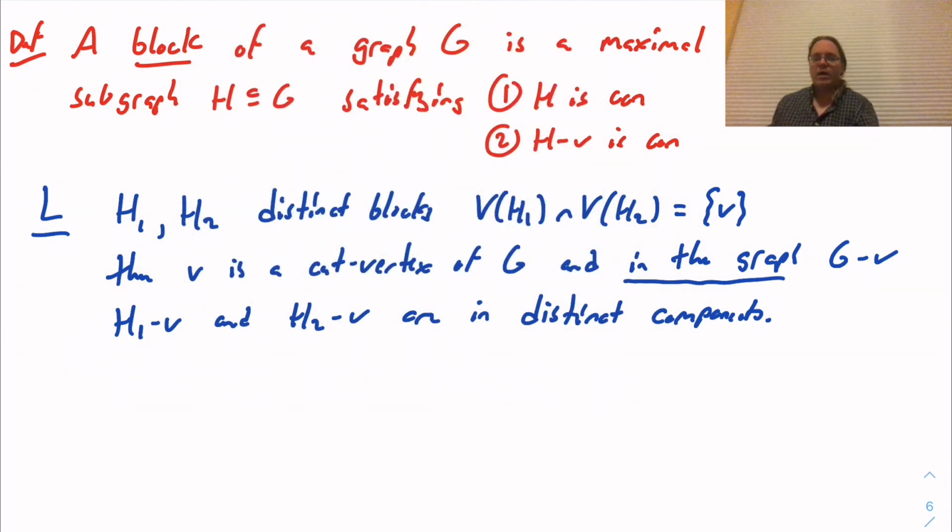Right? So again, if I give you two blocks in a graph, we've proved that they can't share two vertices. Now I'm considering the case when they share exactly one.